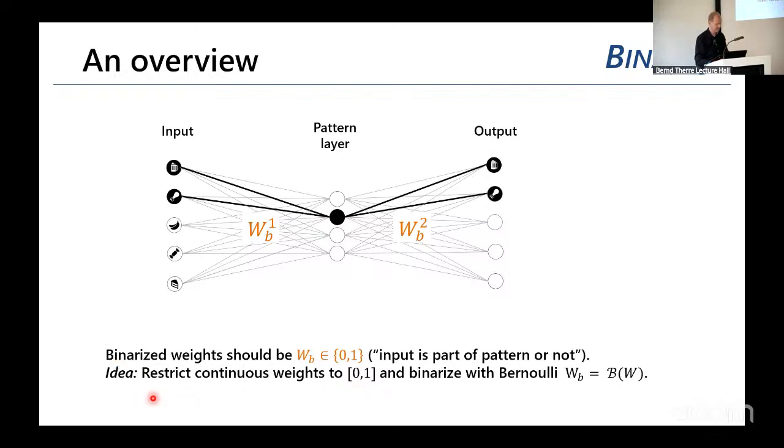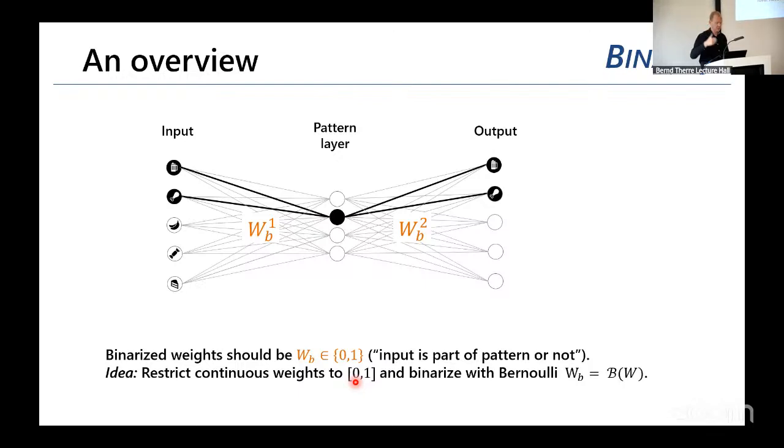So that means in the backward phase, the continuous weights are going to be restricted at 0 and 1. We really just clip them. They can't go above, they can't go below. And within this range, the moment we need to binarize them, we're not going to do this deterministically, right? Above or below 0.